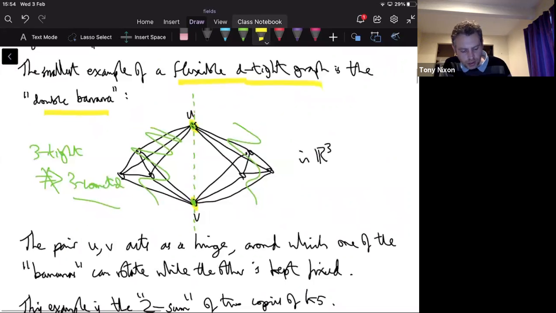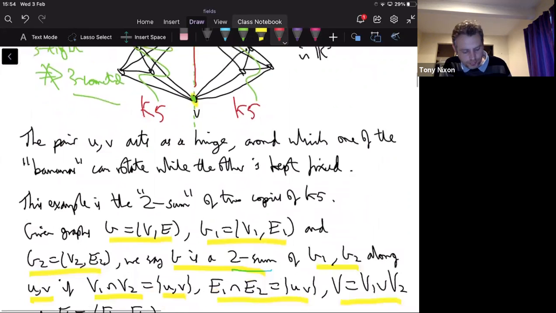So in this picture, I had K5 as G1, K5 as G2. I took the union of them and I deleted the edge between U and V.